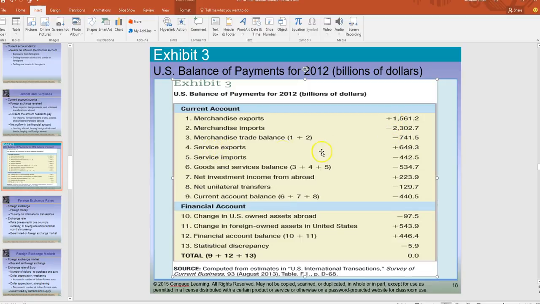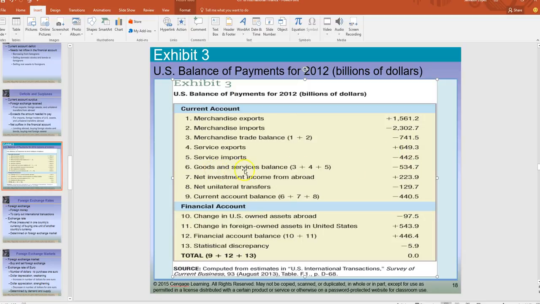Then service exports plus 649, service imports minus 442, and if you look at these two numbers, we have a positive difference between the two because we exported more services than we imported.